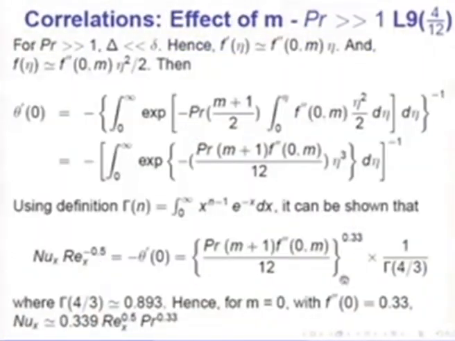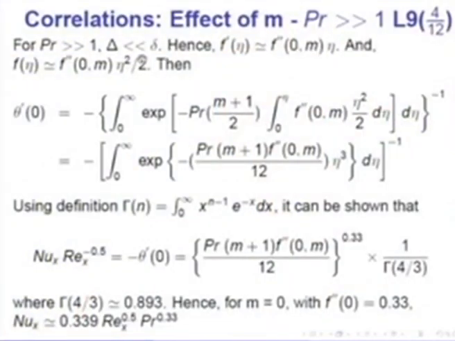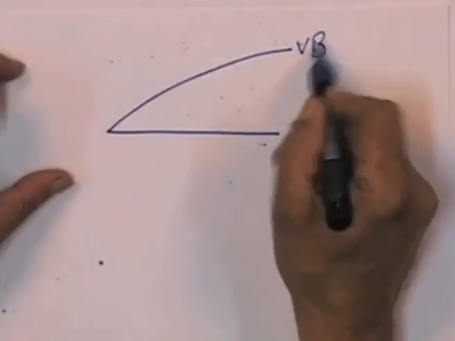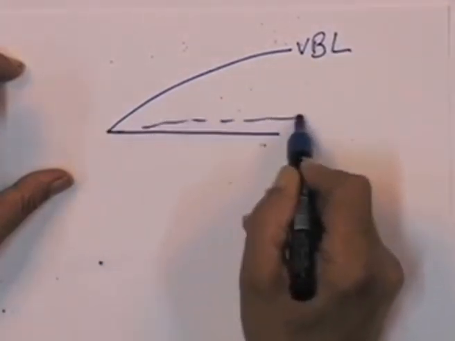I now want to look at the effect of very high and very low Prandtl numbers in the presence of pressure gradient. So, remember, for Prandtl number very much greater than 1, delta t would be much less than delta, and therefore, you will have a situation of a velocity boundary layer like that and a temperature boundary layer just like that.